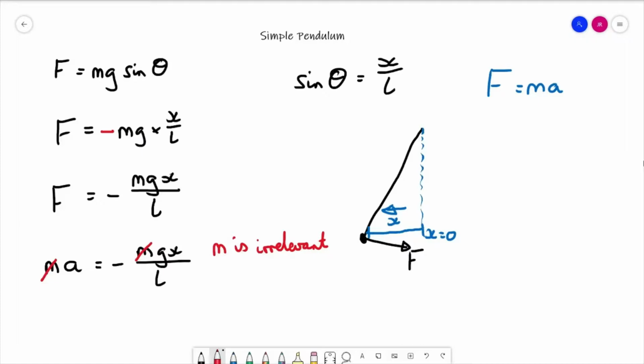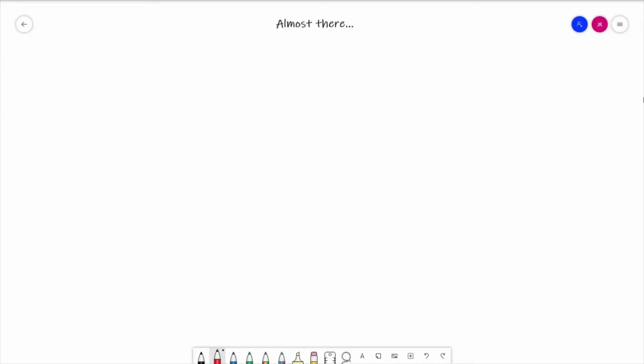That bob, the one that I showed you in the video and in the diagrams, is made of metal. We could have had one that was made of polystyrene. As long as the length of the pendulum from the pivot to the centre of mass of the bob remains the same, it has absolutely no bearing on this derivation and the final equation that we're going to get. So we are almost there. Just bear with me for one last slide and we'll get the equation that we're looking for.